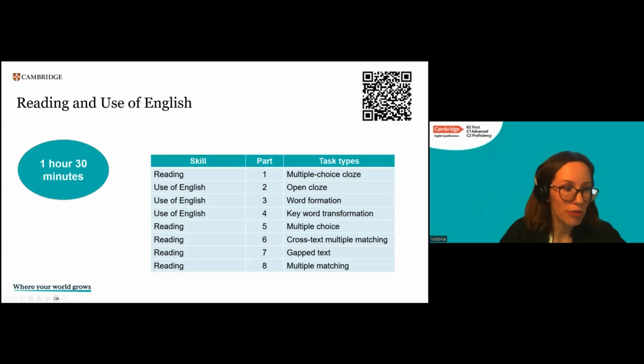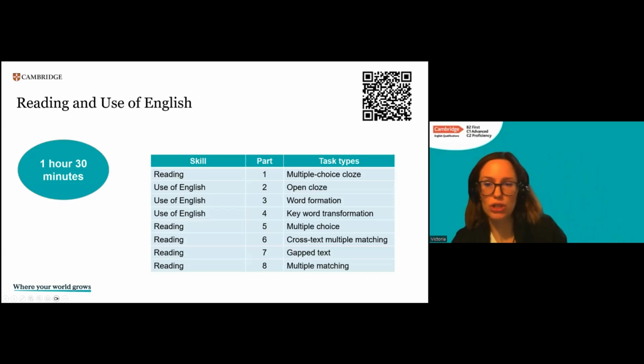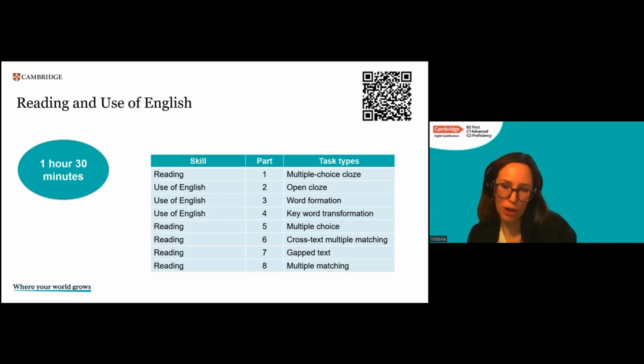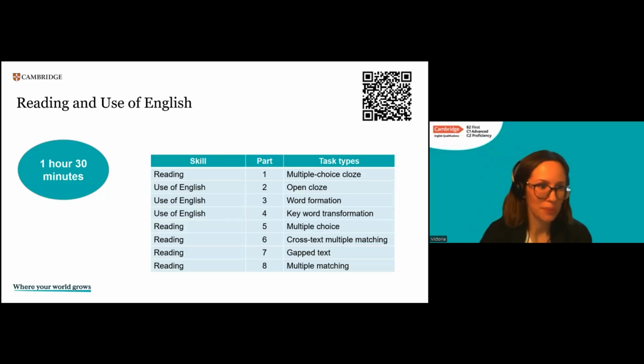A very brief overview: 1 hour and 30 minutes to do 8 parts with different testing objectives, reading, use of English, and different task types, looking at different aspects of reading and different aspects of use of English, to make sure that we are capturing as wide a variety as possible of skills and sub-skills that are necessary at C1.